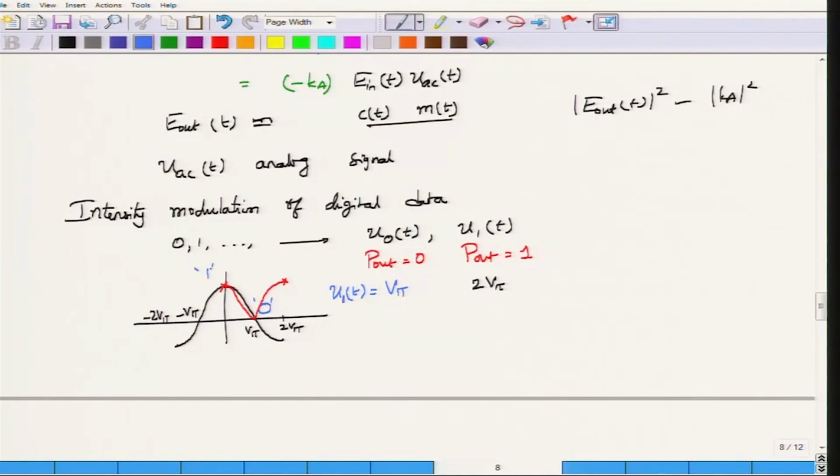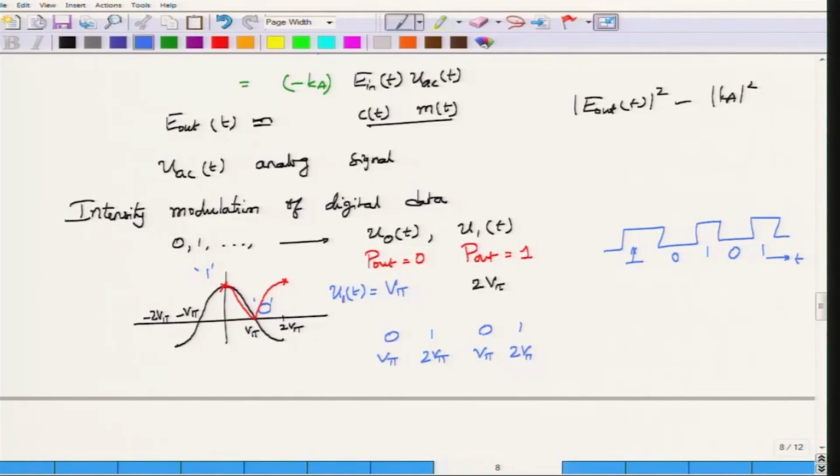So, if I have a sequence of 0 1 0 1, then this sequence has to be converted into the appropriate u0 of t and u1 of t. What would that conversion be? When you get 0 you send v pi, when you get 1 you send 2 v pi, you send v pi, you send 2 v pi. In time, of course, it would go like this. So, this is my 1 0 1 0 1 input sequence. Corresponding to this in time is the corresponding analog signal, of course, this has to be an analog signal eventually.